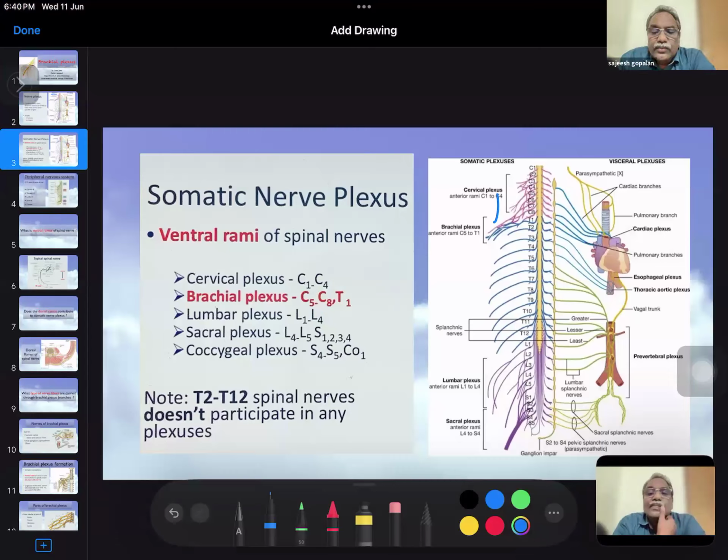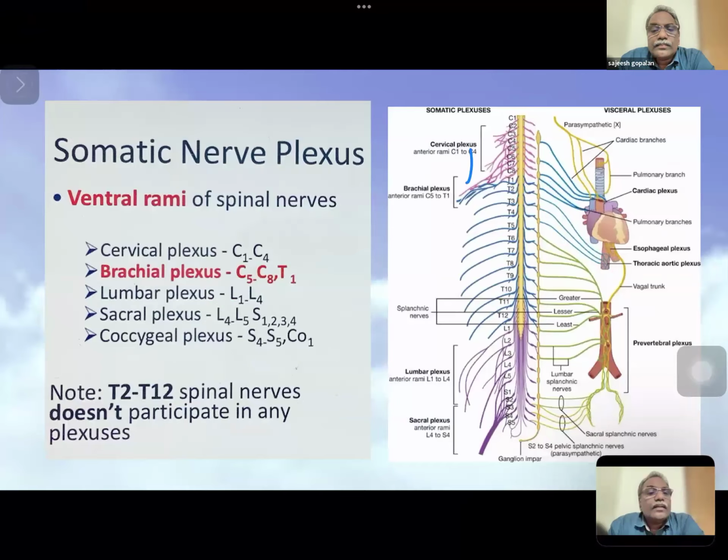We have the cervical plexus from C1 to C4, the lumbar plexus from L1 to L4, and the sacral plexus from L4 to S4, and the visceral plexus are given on the right side. T12, the spinal nerves doesn't participate in the peripheral nerve system.